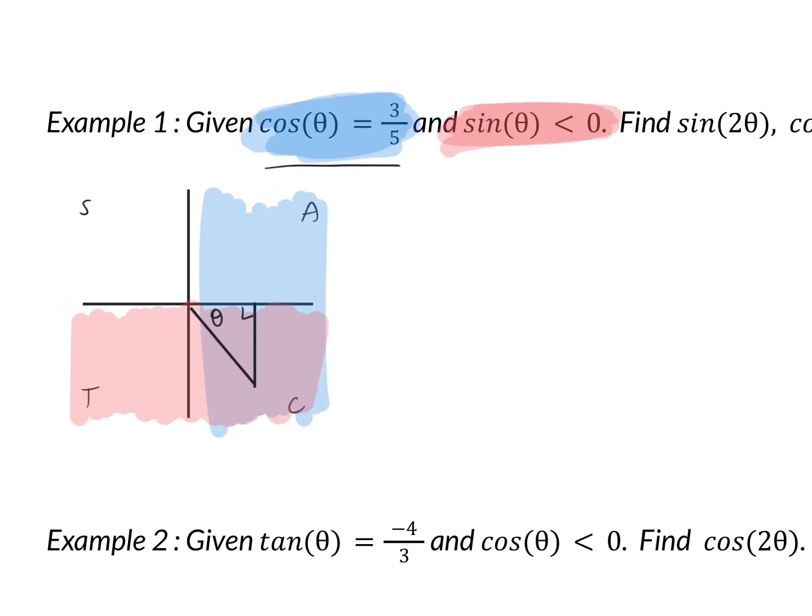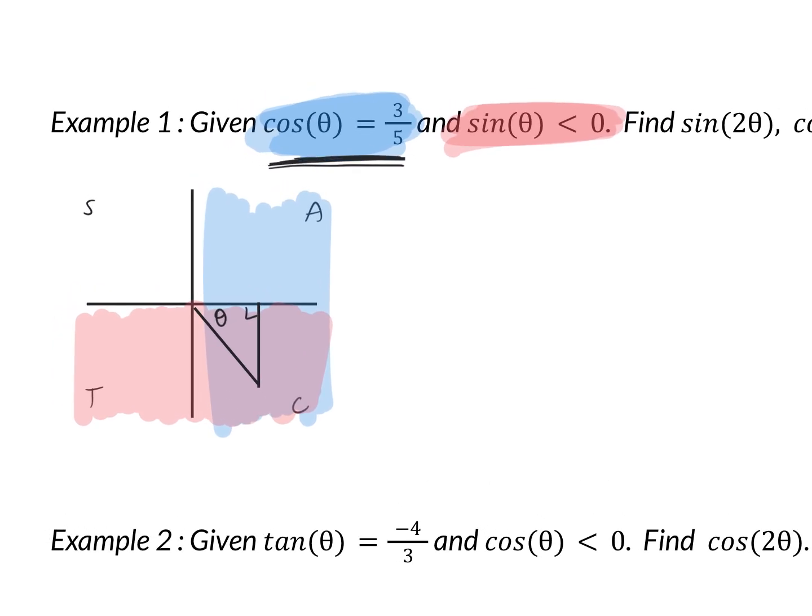And now I'm going to label cosine of theta is equal to 3/5. So from here, my adjacent side is 3. My hypotenuse is 5. So Pythagorean theorem or your Pythagorean triples, what is that other side length going to be? 4. Okay, and specifically since it's going down there, this distance is going to be negative.